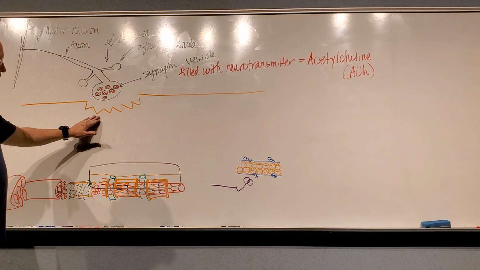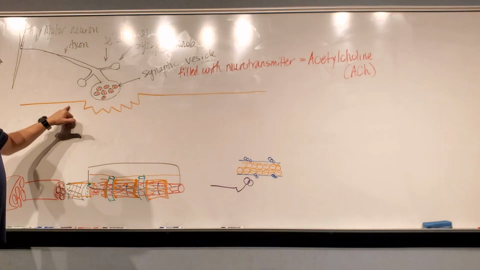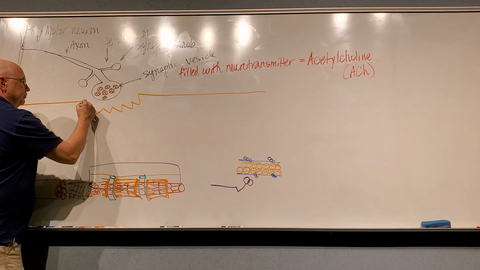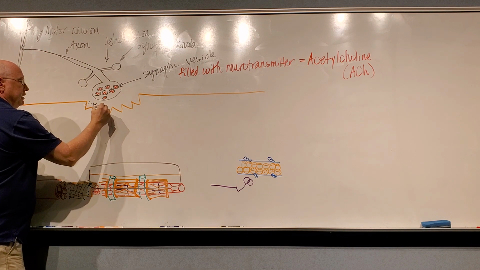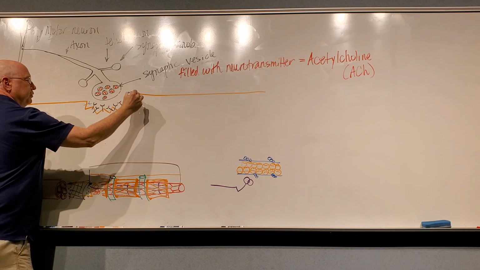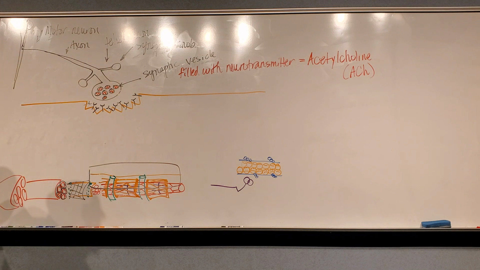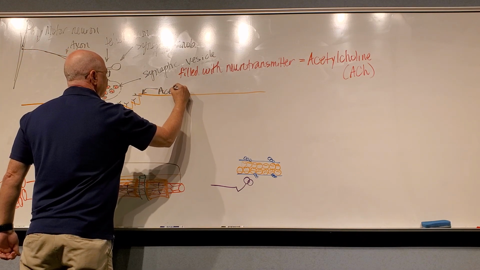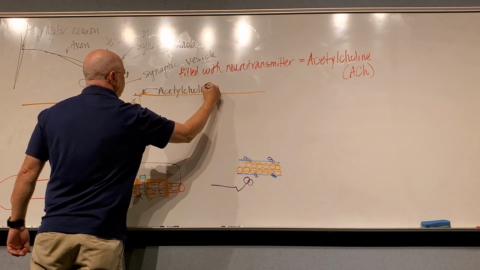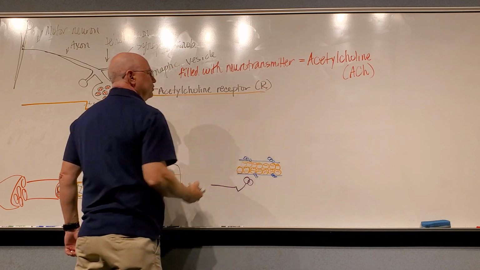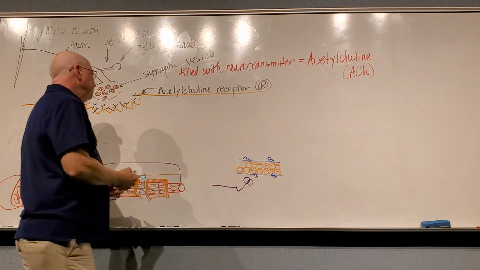And what this is going to do is increase the surface area of the sarcolemma here, of our muscle cell, so that we can have an increased number of these little proteins that are stuck in the cell membrane. The more folds, the more of these proteins. They're integral membrane proteins, and every one of those integral membrane proteins represents a structure called an acetylcholine receptor. And I'm going to abbreviate the word receptor with an R and a circle around it, okay?